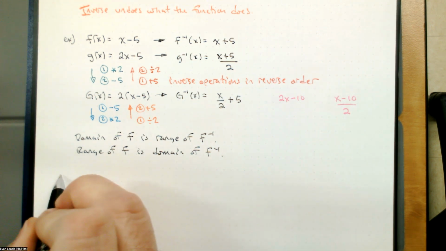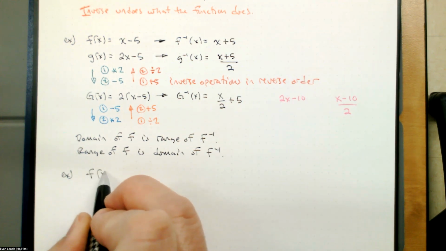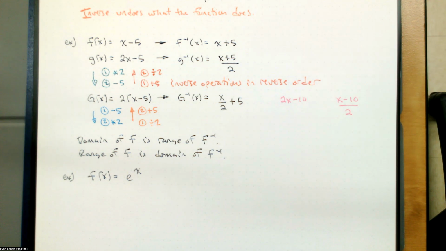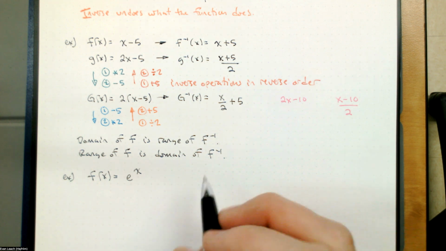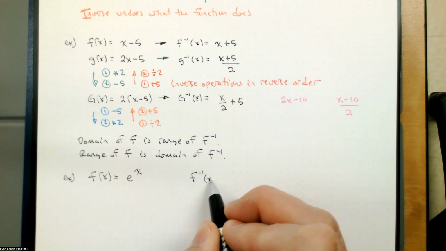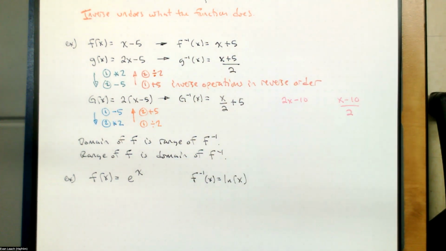So for example, if we have a function, let's say e to the x, the inverse of e to the x is natural log of x. E to the x and the natural log of x are inverses of each other.